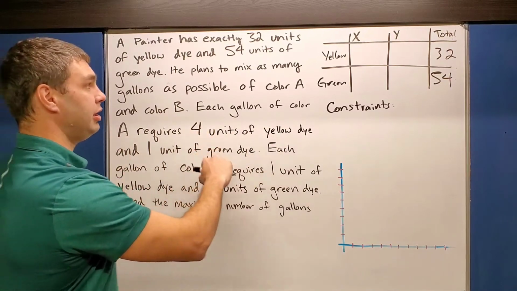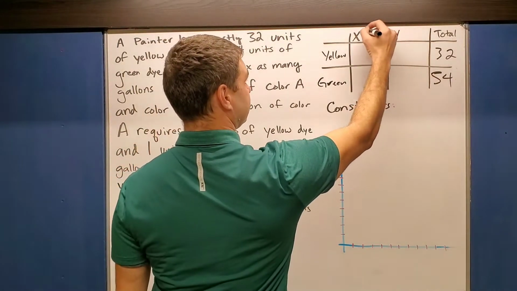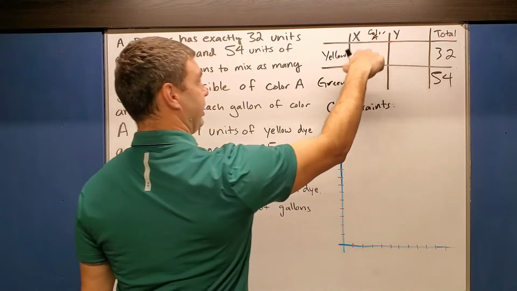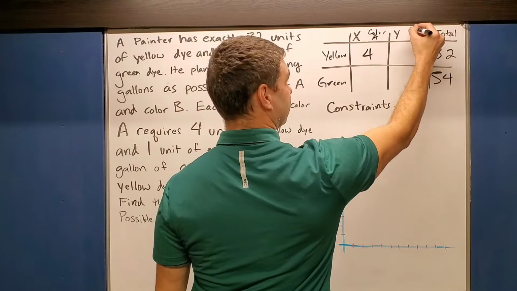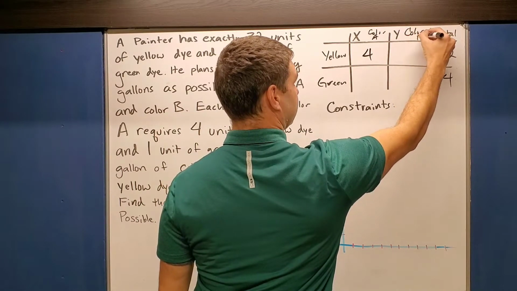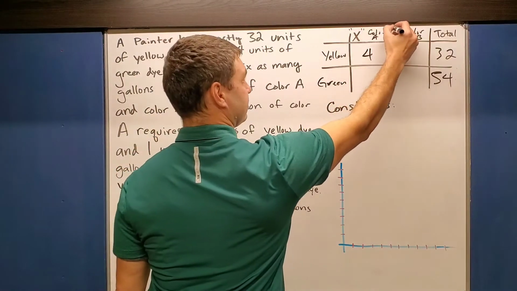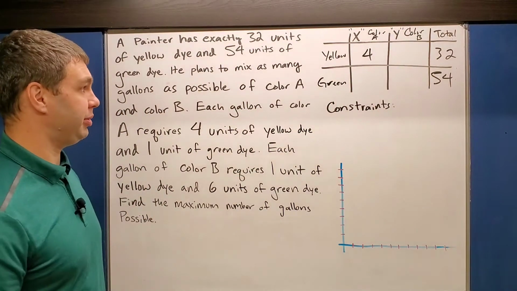So if I find color A, maybe we can call that X. I'll say color A in yellow, I can put a 4 right there. If this is color A, that means this one is color B, color B for the Y. This is our X, this is our Y, when we have an XY equation a little bit later.